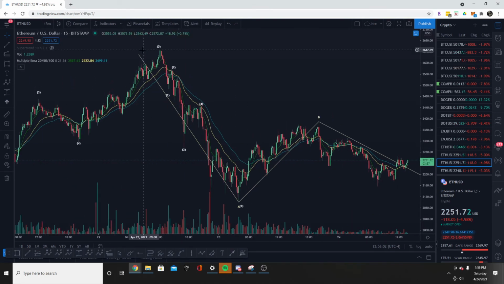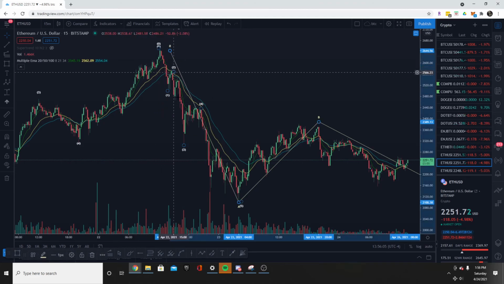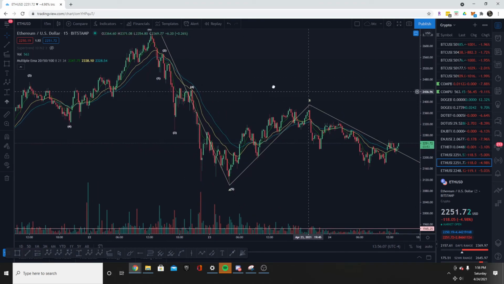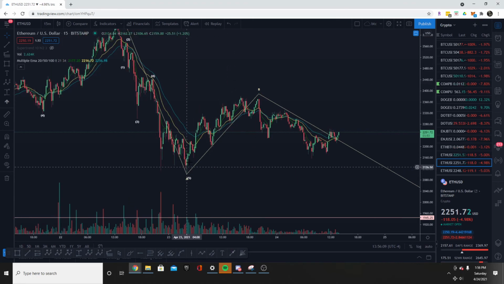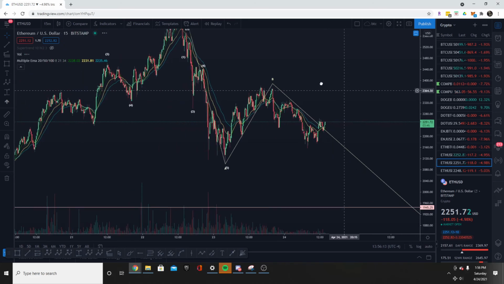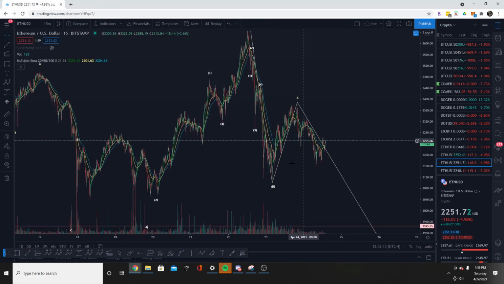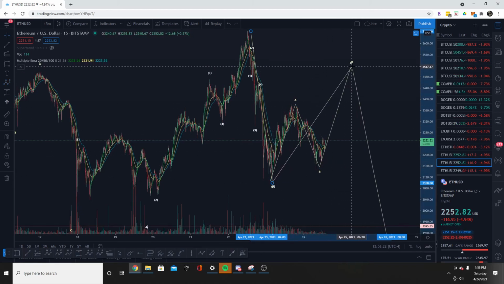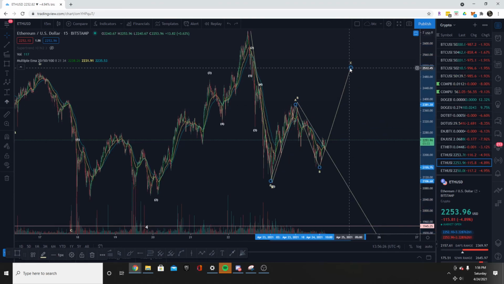So right here, 1, 2, 3, 4, 5. So 5 waves down, and then this is like an ABC up. This is 3 waves, and now we're either working, or it could be like this too. It could be something like that. That would be a complex structure, but we'll wait and see.